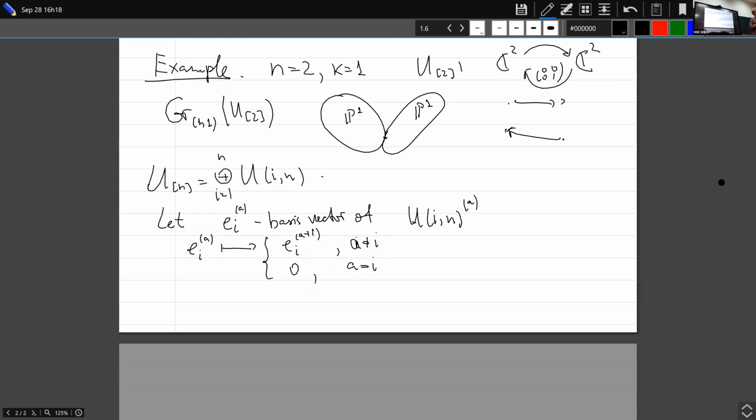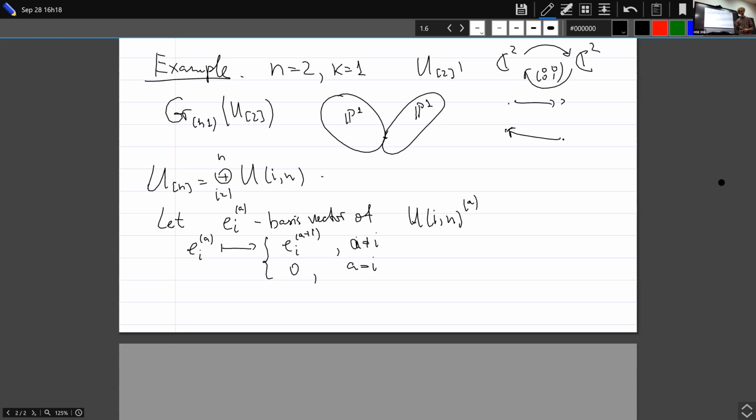Okay, so what's happening here? You sure you don't want +1 here? Where? Here, it's i. This is i, yes, because you see, the i here corresponds to the summand U_i^n. So this is a sub-representation. Therefore, we never switch i to something else when we consider the map in our representation, right?